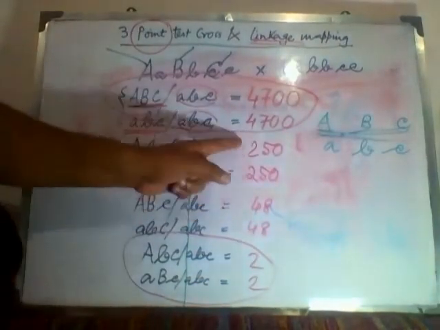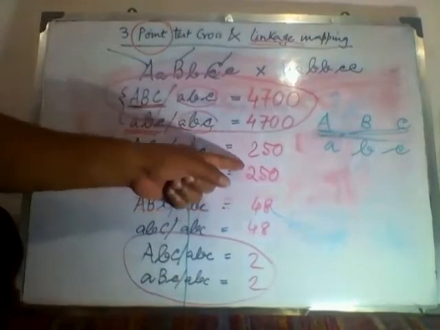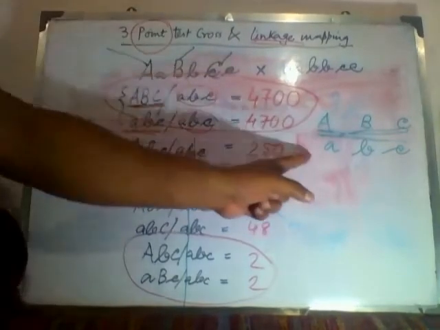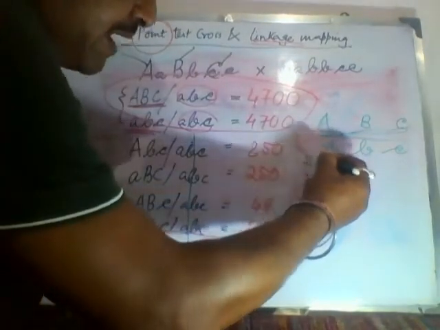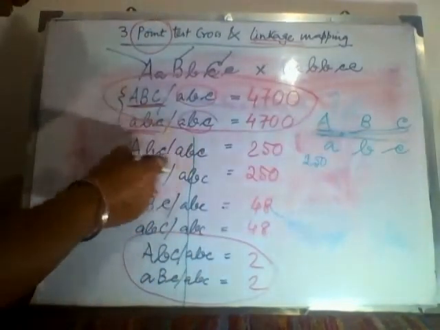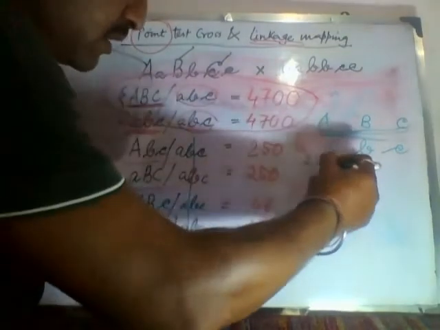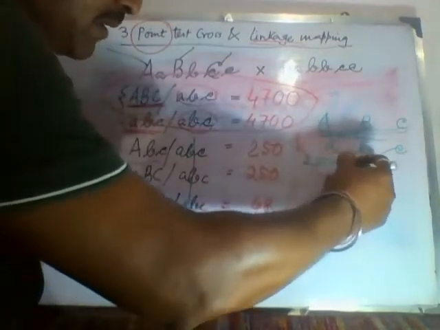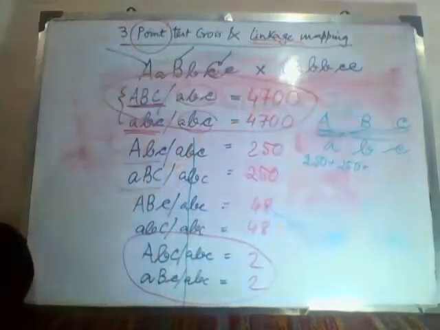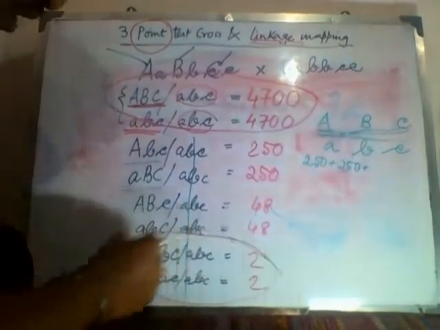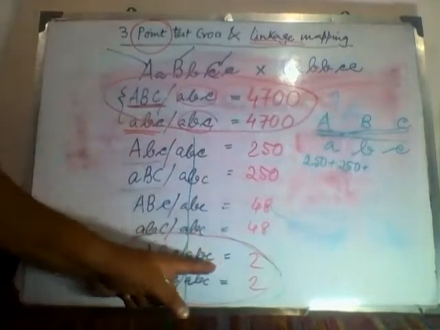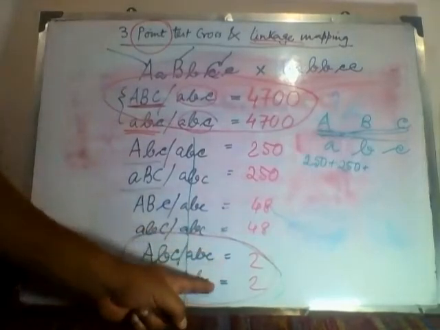So what are the frequencies? What is the recombination frequency between A and B? We can calculate it easily. 250, I have got capital A, small b, small c, and 250 I have got small a, capital B, capital C. Plus, you'll have to add something more, this one. Because remember, these two are the double crossing over types.